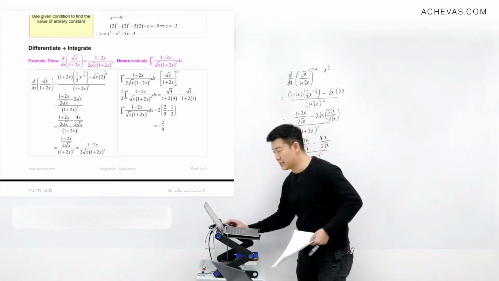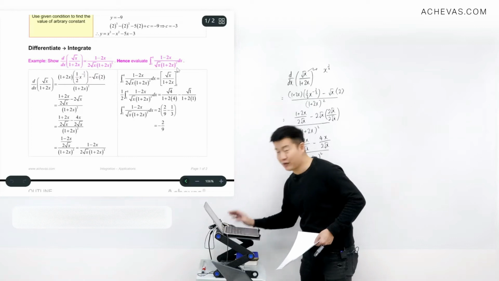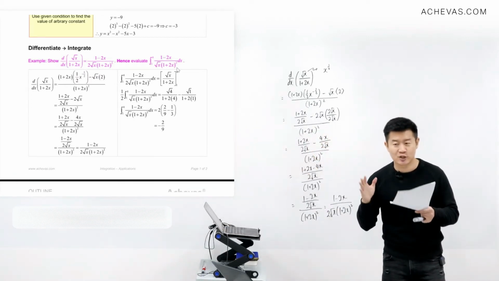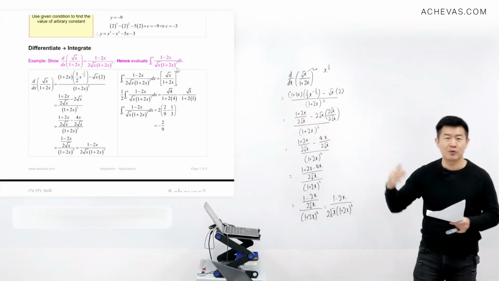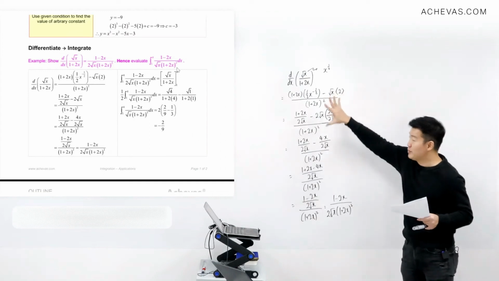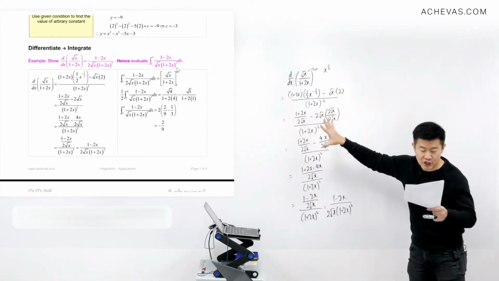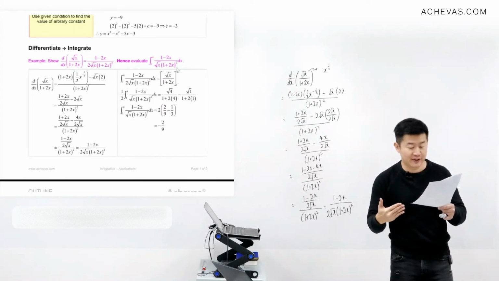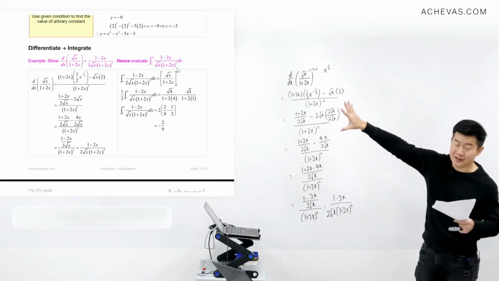The question wants us to, hence, evaluate this. And please take note that for this integral, there are no standard results, and no good manipulations that we have discussed previously that will allow us to integrate this. But the good thing is we are going to make use of differentiation to integrate, and try to reverse the process, so that we can get something like that.